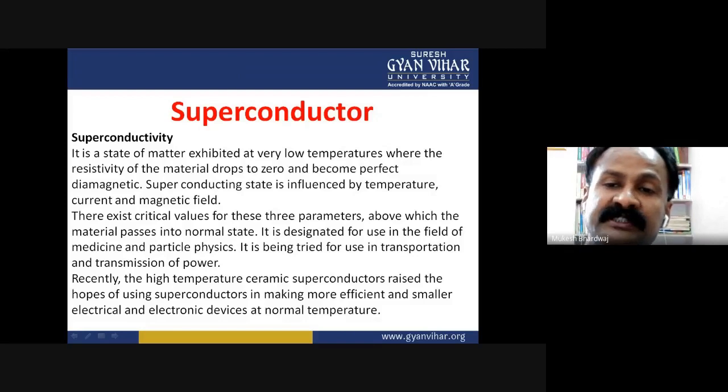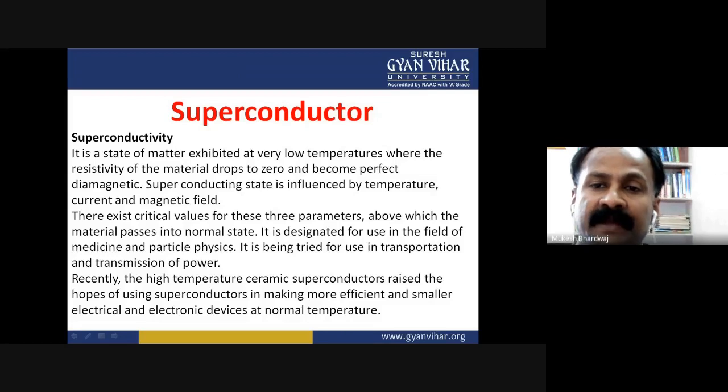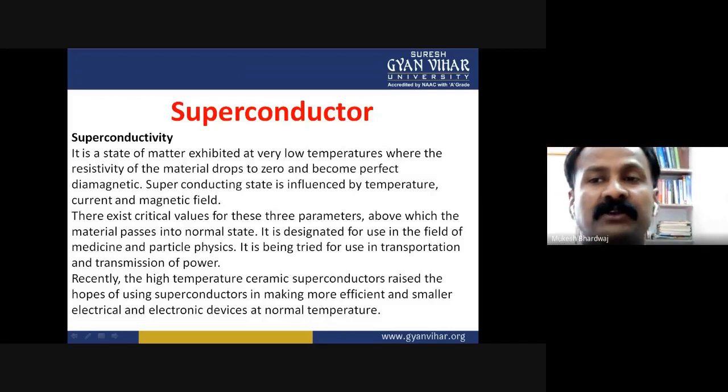As such, we know the resistivity is a parameter of any material which is very constant. It cannot be changed and it cannot vary. But if any state of the material has zero resistivity, then it is called superconductivity.